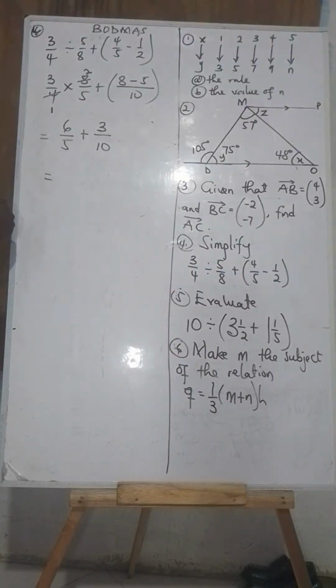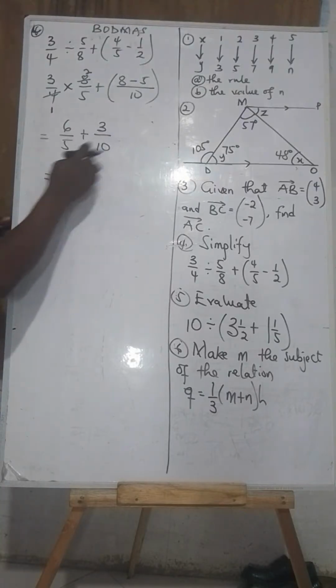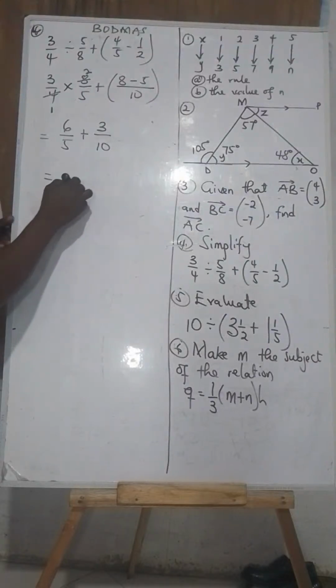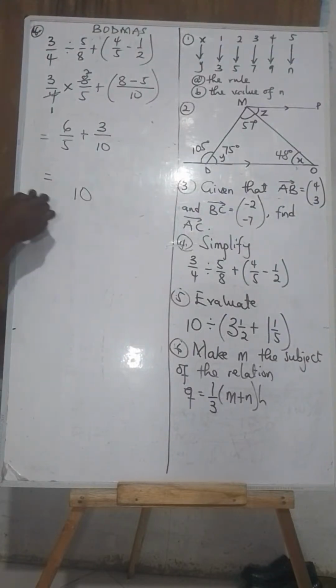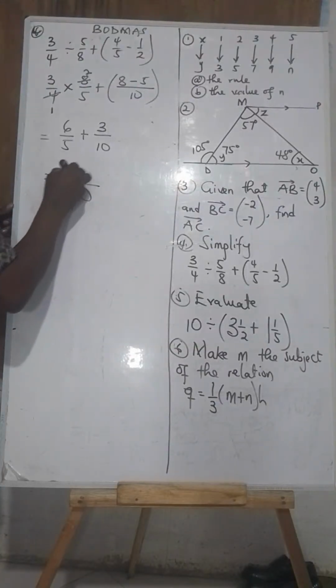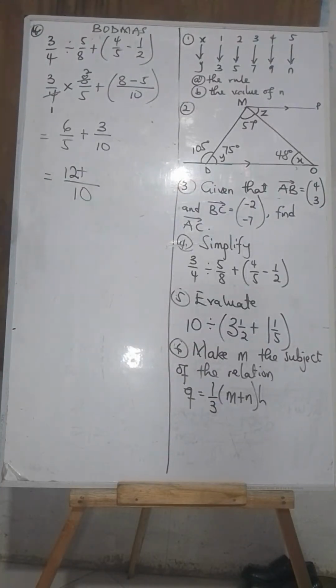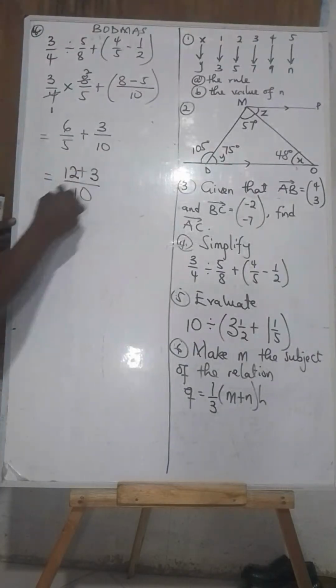Or if you want to use cross multiplication also, after getting the answer, we have to simplify. I'll be using the LCM, since 5 can go into 10. So the LCM is 10. Then 5 into 10, that is 2. 2 by 6 is 12. Then 10 into 10 is 1. So 1 by 3 is 3.